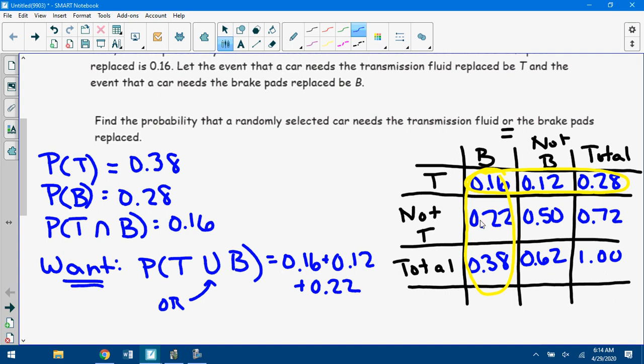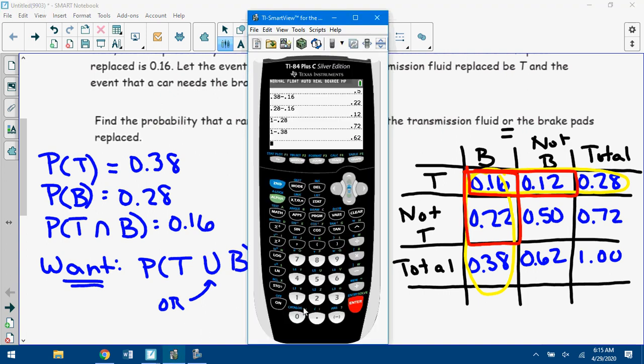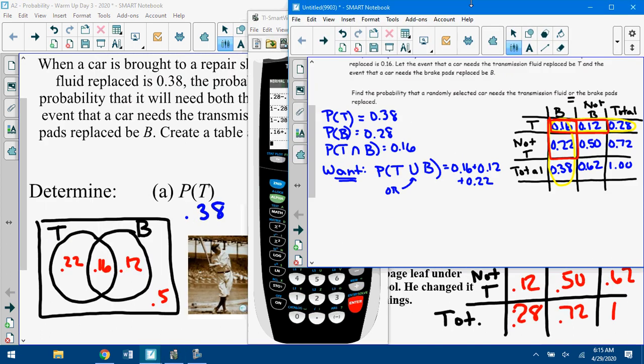Now notice I didn't count the totals. So maybe I should have circled it like this. I want anything that needs transmission, which is everything there, and I want everything that needs brake, which is anything there. So I have to take these three red numbers into account, 0.16, 0.12, 0.22. And if you add those up, 0.16 plus 0.12 plus 0.22, we get 50%, 0.5.